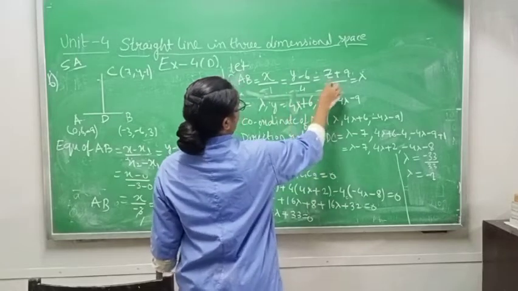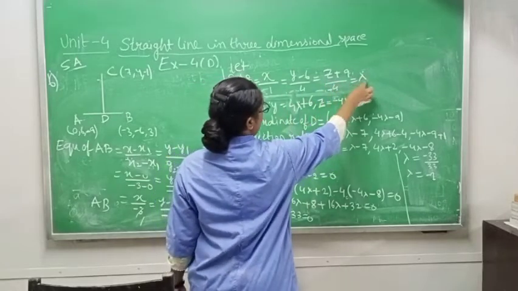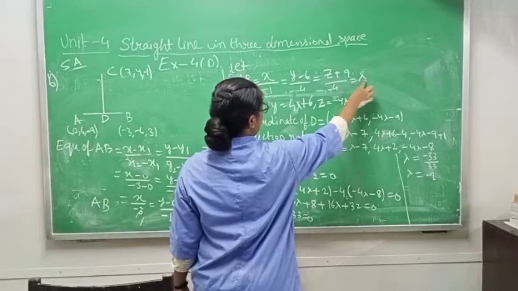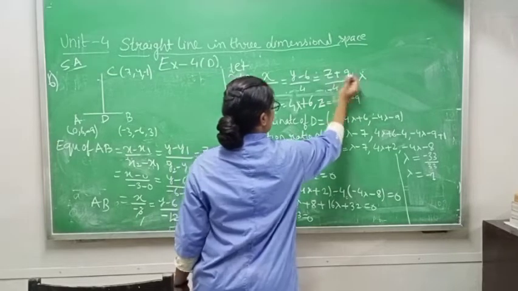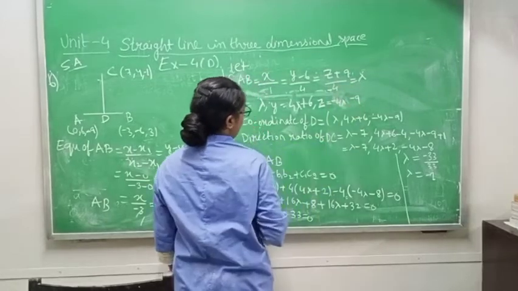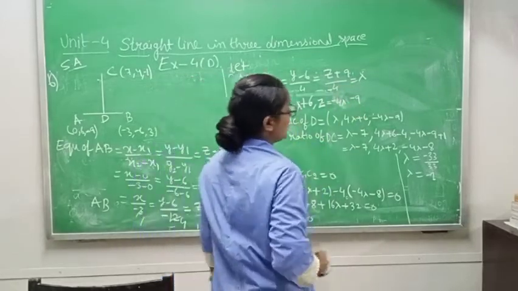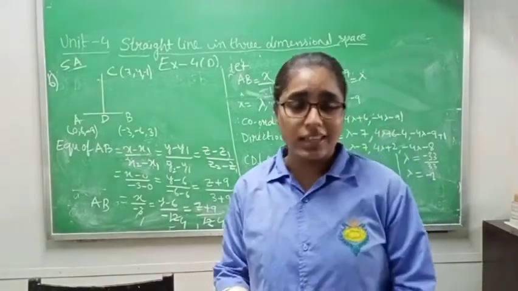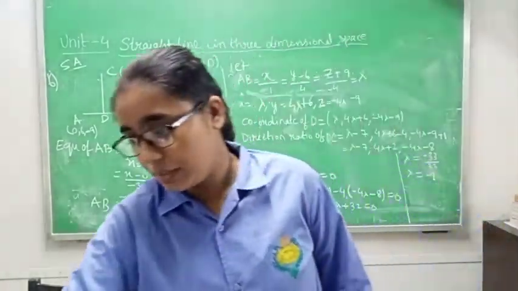Now (z plus 9) by minus 4 equals lambda. Minus 4 multiplied with lambda gives minus 4 lambda and plus 9 gives minus 9. So x, y, z is the coordinate of D because D is lying on the line AB.